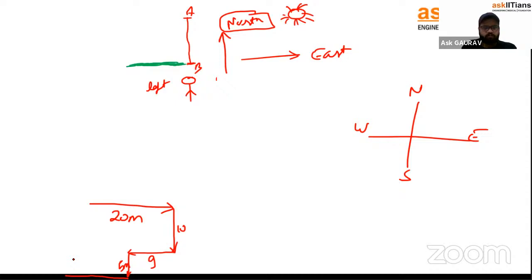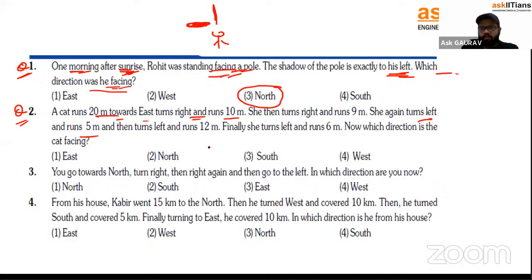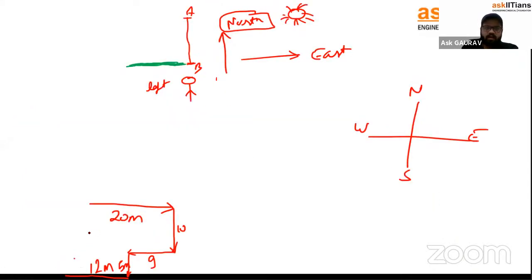This is 12 meters. Finally, she turns left and runs 6 meters. Again left, it will be below.